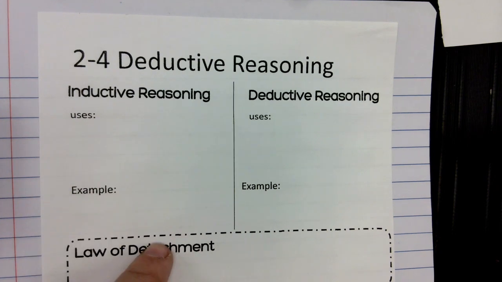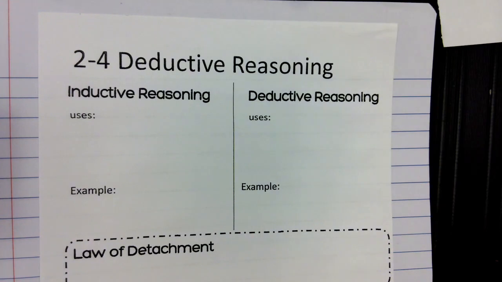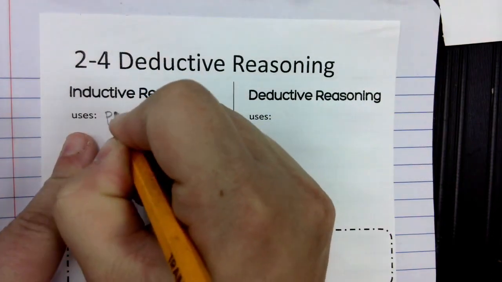All right, so if you look back at 2-1, inductive reasoning is what? It uses patterns to make conclusions.